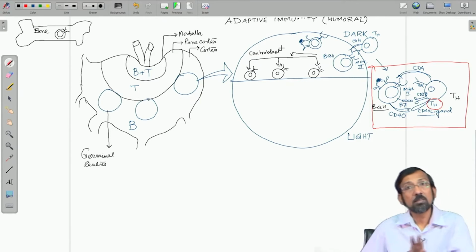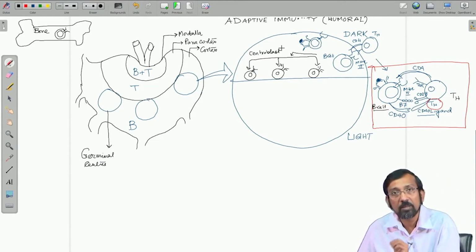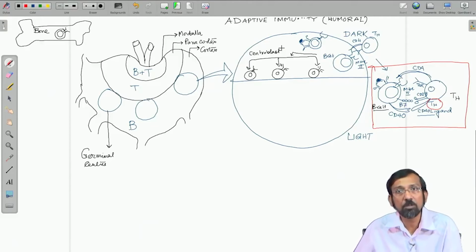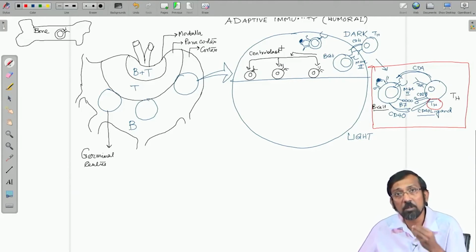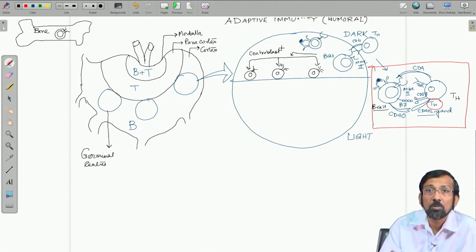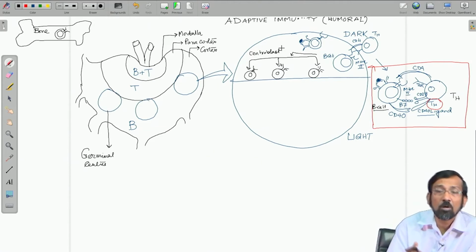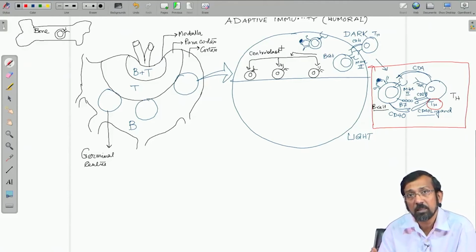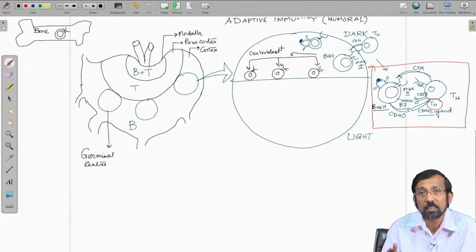So, these centroblasts start to proliferate, and in between they have this somatic hypermutation, with mutations in the variable regions, and by that they express either high affinity or low affinity antibodies.